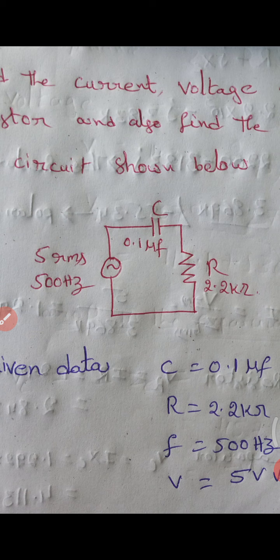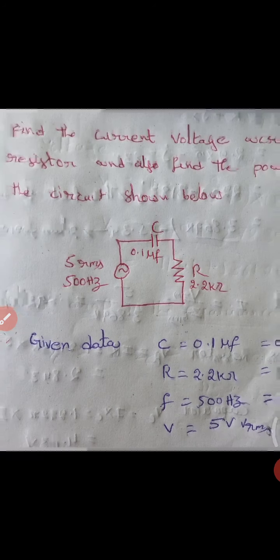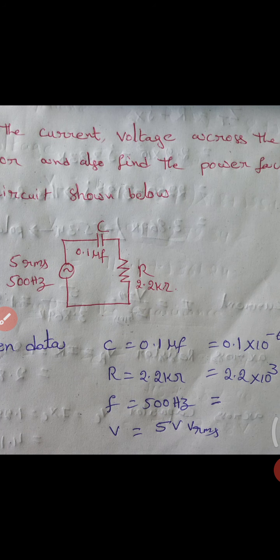So here the capacitance value is 0.1 microfarad, the resistor value is 2.2 kilo ohms, and the frequency of this circuit is 500 hertz. Before starting the solution, we have to write the given data.